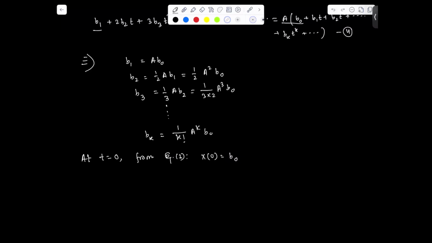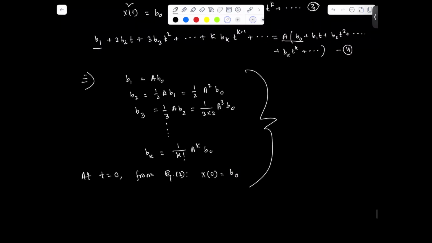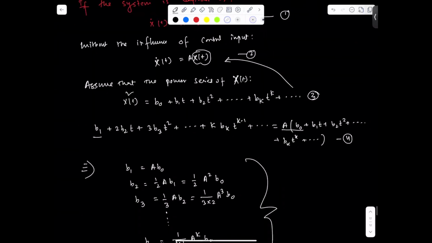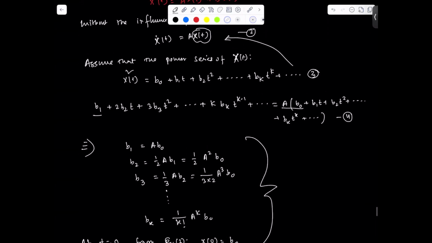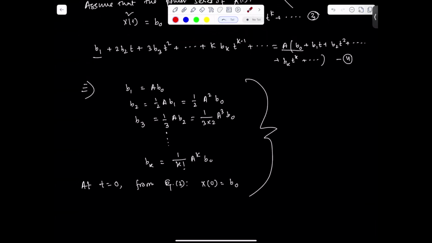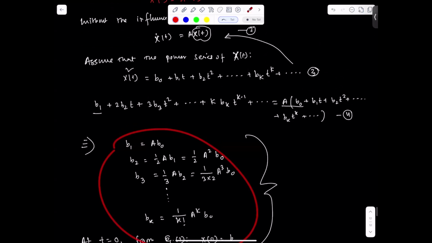Now, if we substitute b1, b2 till bk in equation 3, and in place of b naught we substitute x naught, then we can get our expression. So what we're going to do is substitute all these terms in equation 3.